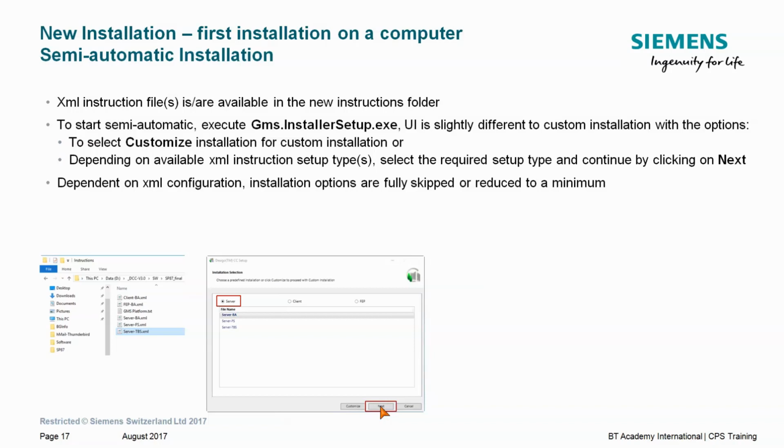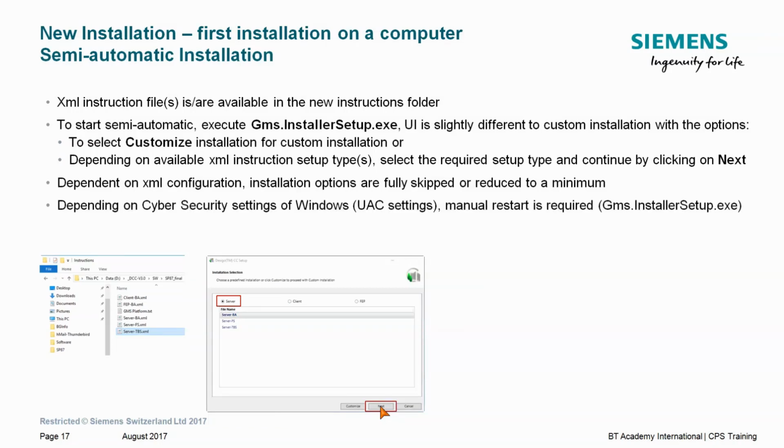We will see this further on. Also here, depending on how the user access control settings are set up, a manual restart might be required, and in this case also the GMS installer setup has to be rerun after restart of the operating system.